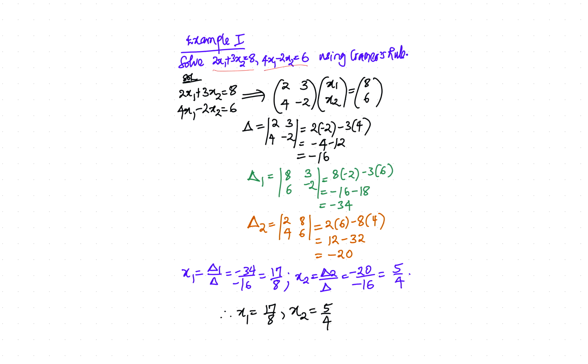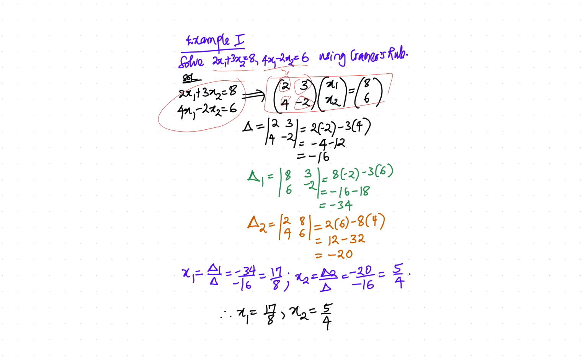This method is all based on determinants, right? The way we go is to turn the system of equations into matrix form. The coefficients of x1 are 2 and 4, and the coefficients of x2 are 3 and minus 2. Then you have x1 and x2 as a column vector.